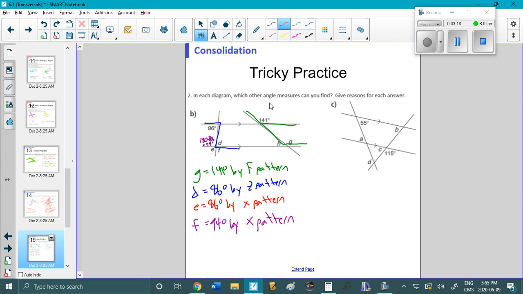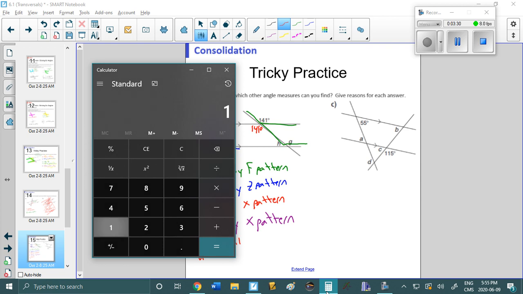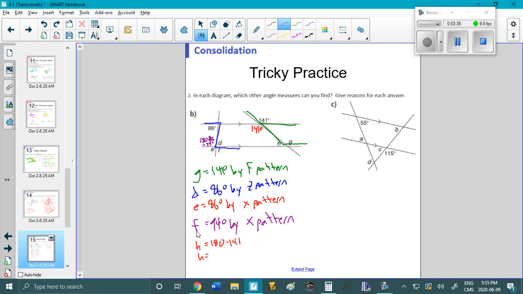Well, check this out. We know that this is 141 because it's opposite this angle. So that means H equals 180 minus 141. And H equals 180 minus 141 is 39 degrees. And that's going to be by C pattern.